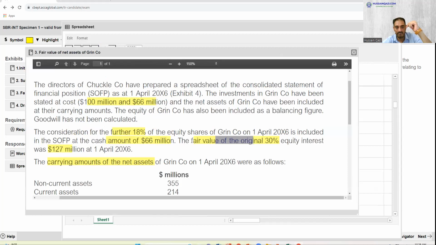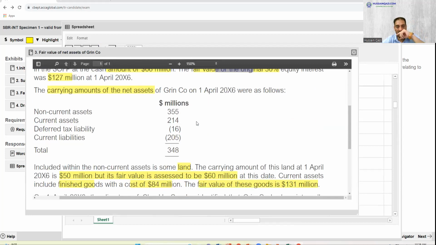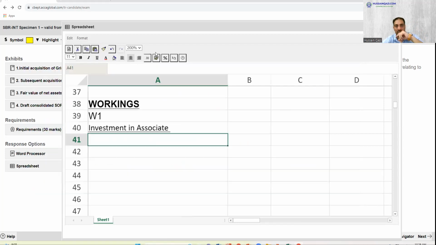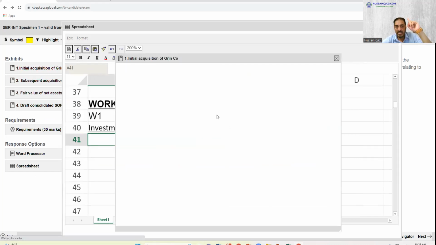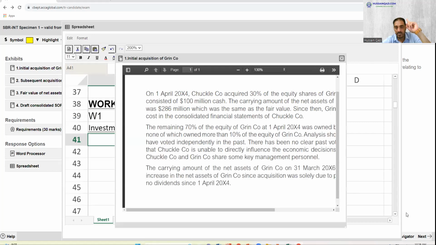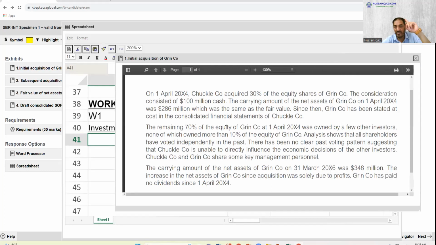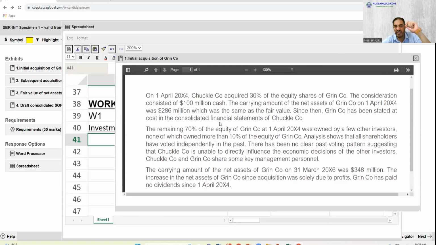That is the first part. With the first exhibit, it is very categorically mentioned that the carrying amount of Grin at 1st April X4 is 286.